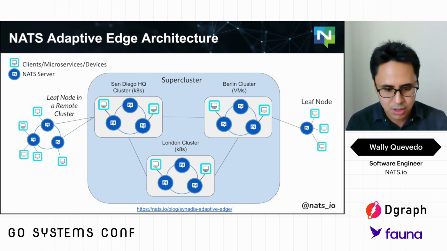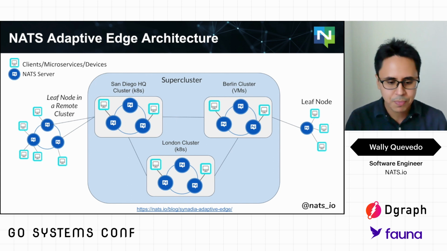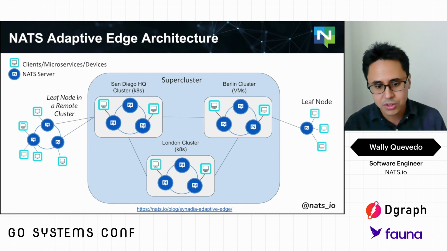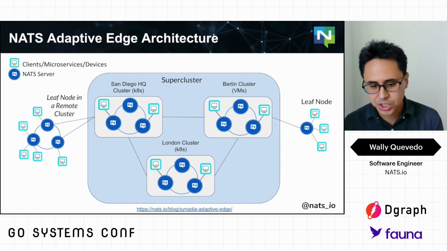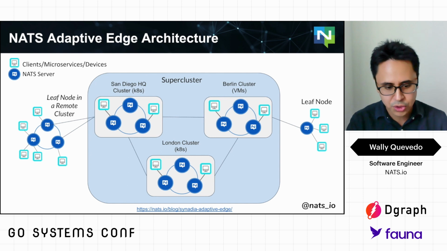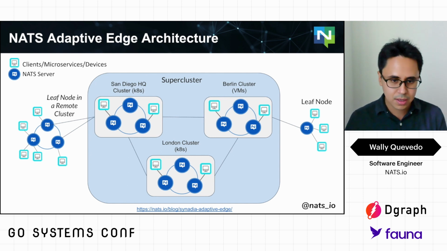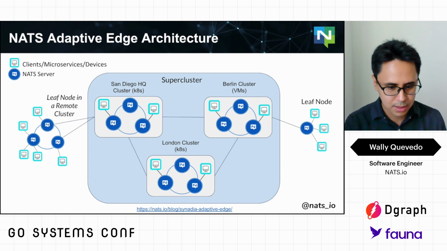In this case, I'm showing you what is called the NATS adaptive edge architecture, where you have not only a single NATS server, but a collection of clusters of NATS servers, which are also clustered with other regions of NATS servers running on other regions, and some special type of connections optimized for IoT traffic that we call the leafnode connections, so edge connections.